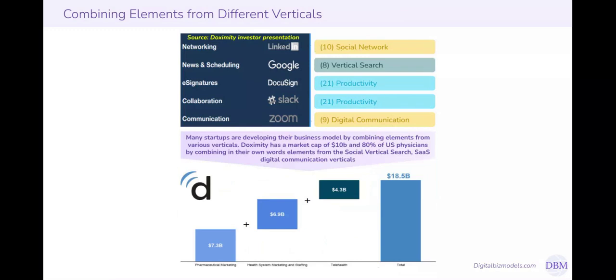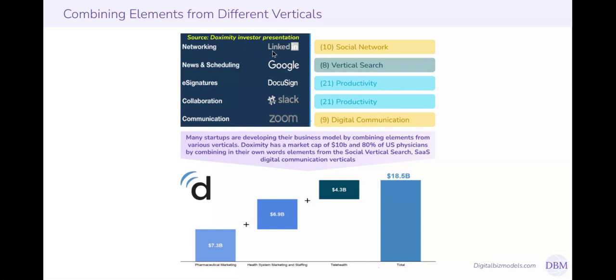So there are people trying to be the next big search engine. Well, it may work, but it is probably more difficult than what, for example, Doximity does. And Doximity stands, in my mind, for many other startups who are using a playbook of combining ideas from many of those 22 sub-verticals that we've seen. According to themselves, Doximity is a telemedicine platform combined with other aspects, and they got 80% of all US doctors.